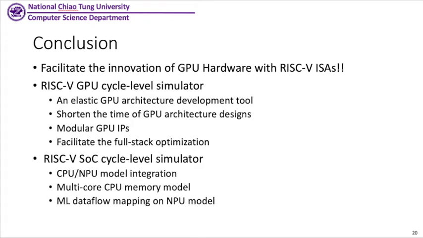Let's review the key points from this talk. First, we talked about challenges on RISC-V simulators for GPU architectures. Our goal is to speed up the innovation of edge GPU hardware with the RISC-V ISA.